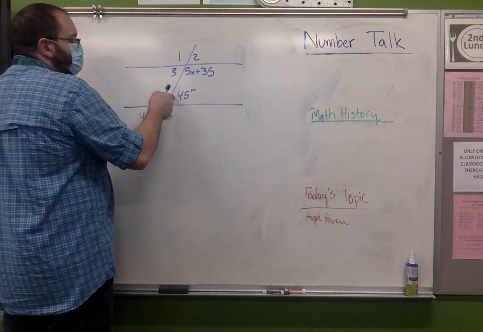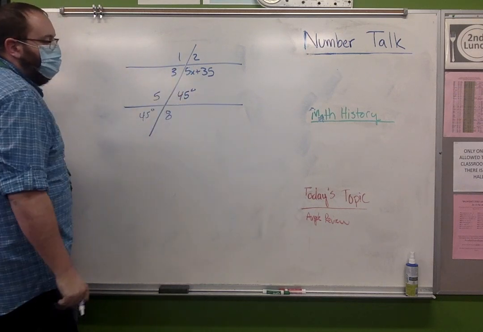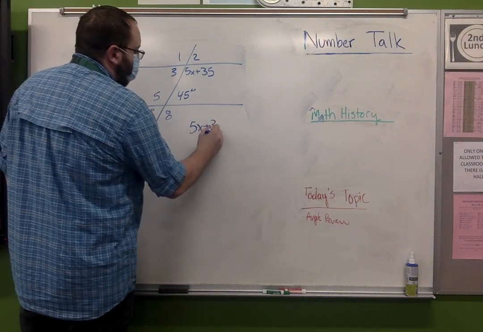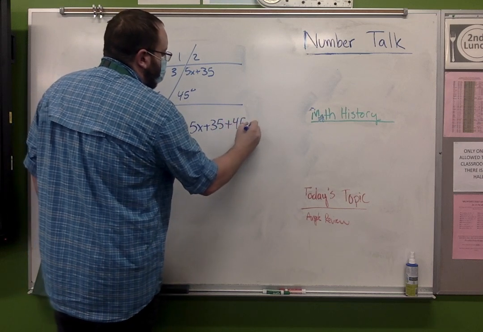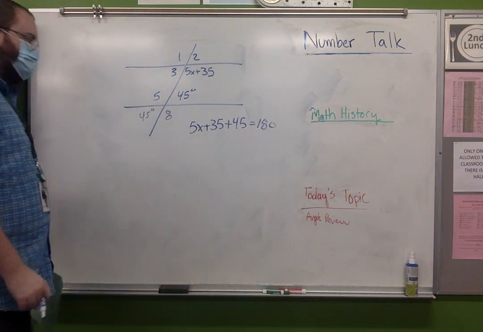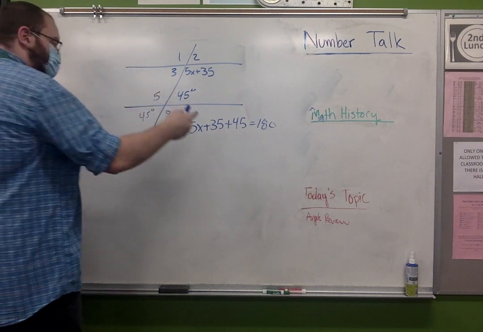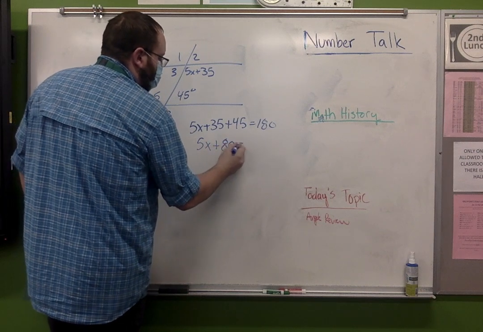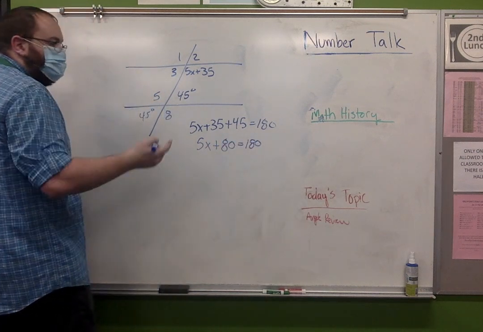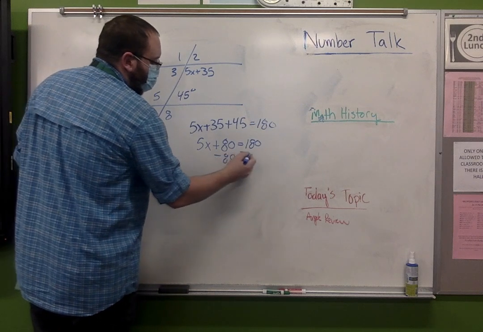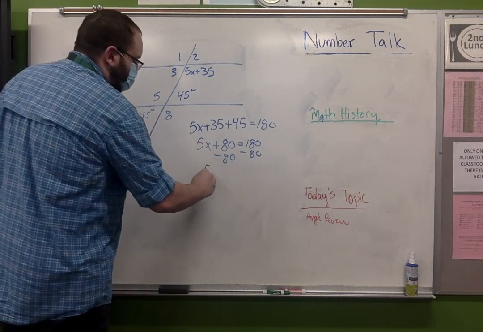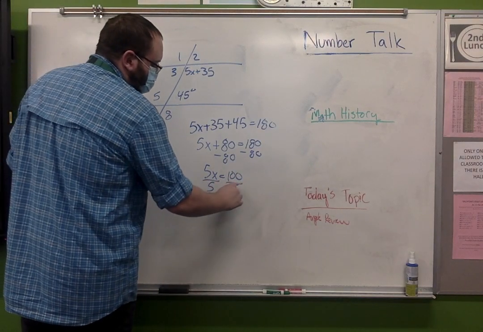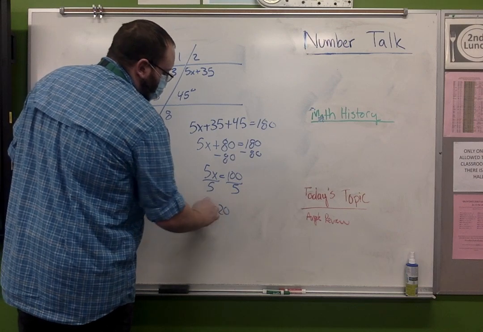Thus, because this angle and this angle right here are consecutive or same side interior, they have to add to 180. So I'll add them together. 5x plus 35 plus 45 has to equal 180 by definition. 35 and 45 is 80. To get x by itself, subtract 80 from both sides. Divide by 5 on both sides. x equals 20. There's your answer.